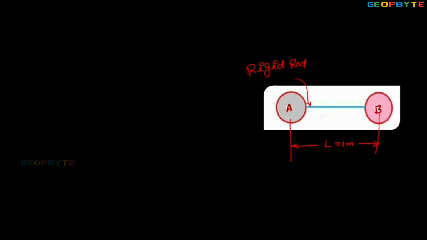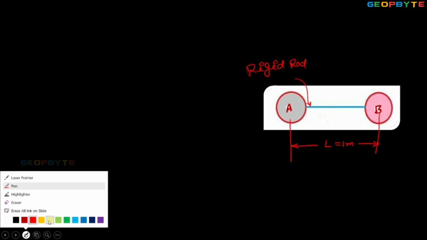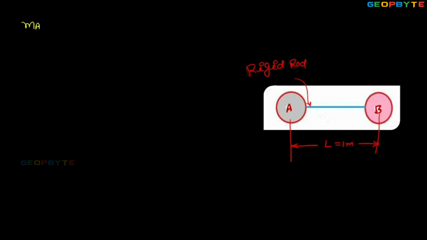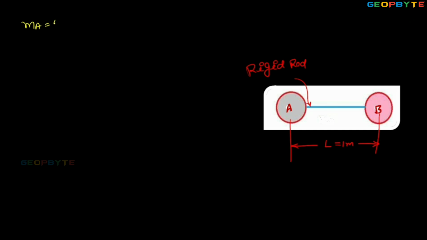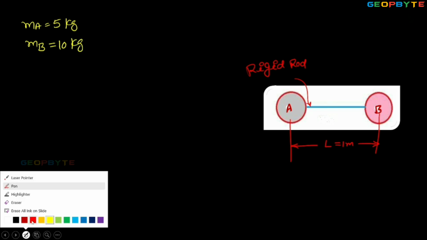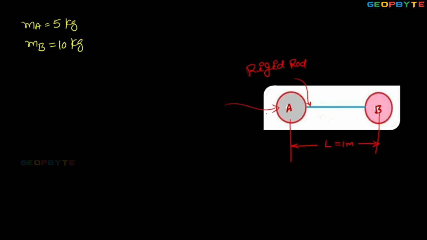Here, let the mass of particle A, MA, equal 5 kg. The mass of particle B is 10 kilograms. We are asked to decide the center of mass with respect to the 5 kg mass. That means this is the reference mass.